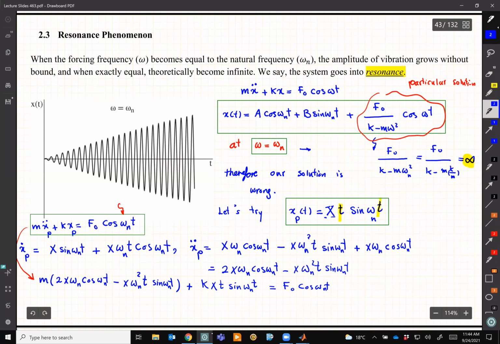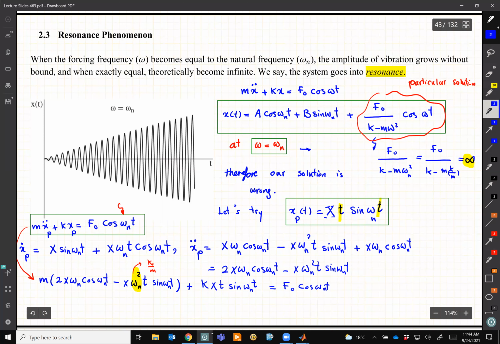All right, what should we do with this equation? Now I get confused. Oh, we can do one thing with it. This omega n, we know its value, right? We know omega n squared is k over m.